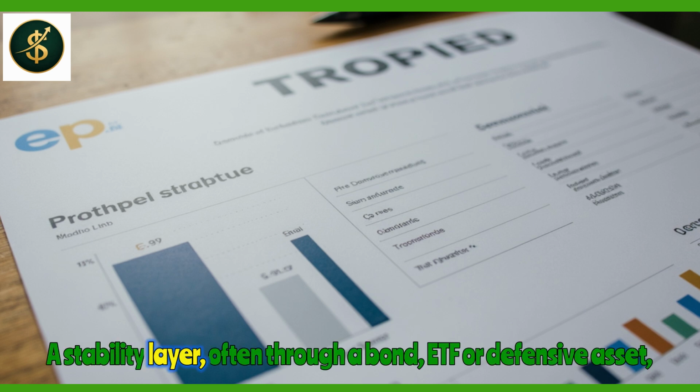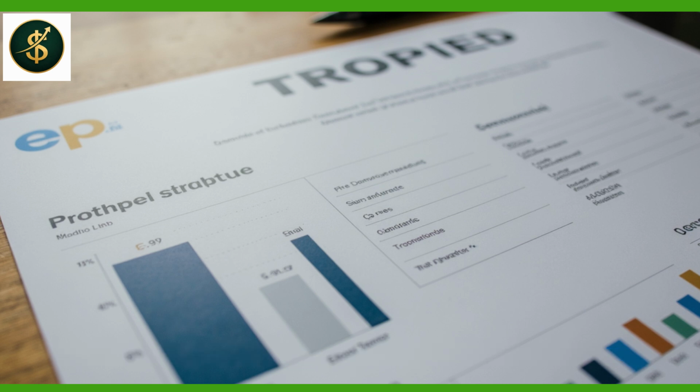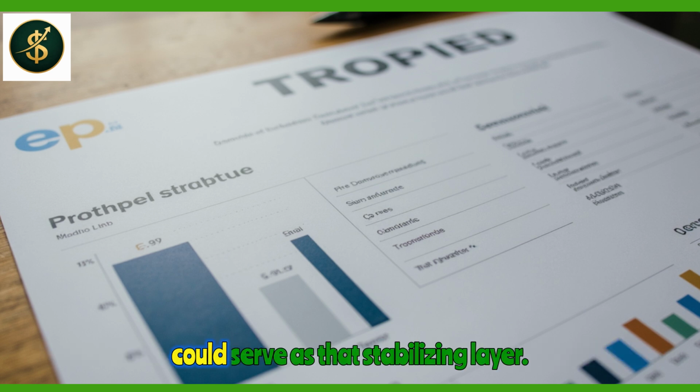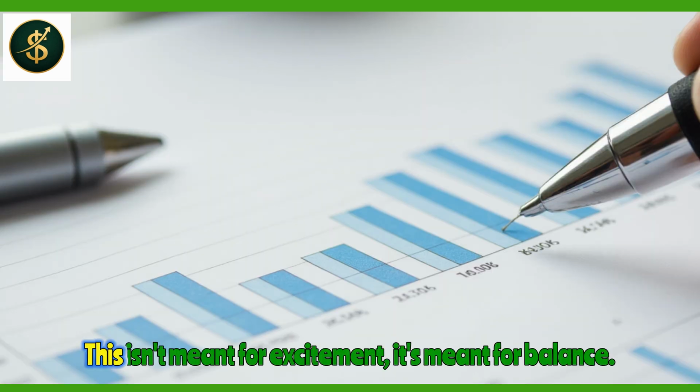A stability layer, often through a bond ETF or defensive asset, reduces overall swings. For a $10,000 portfolio, about $1,500 could serve as that stabilizing layer. This isn't meant for excitement, it's meant for balance.